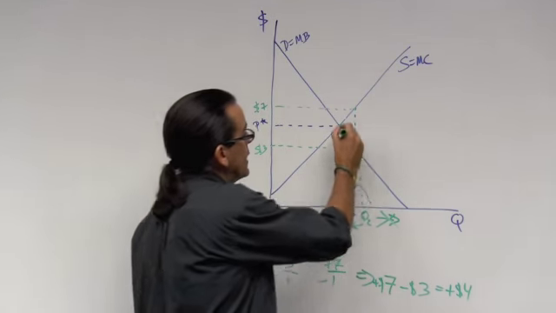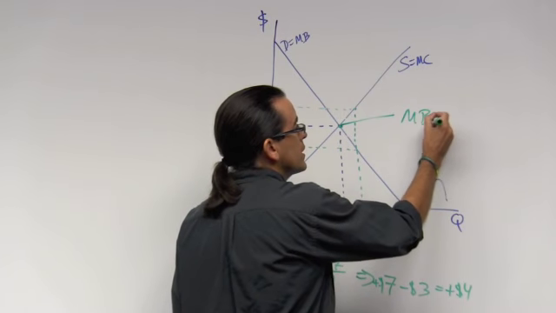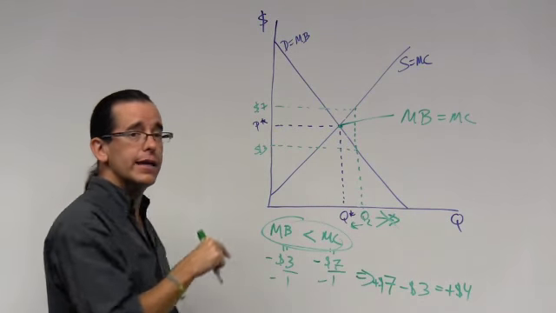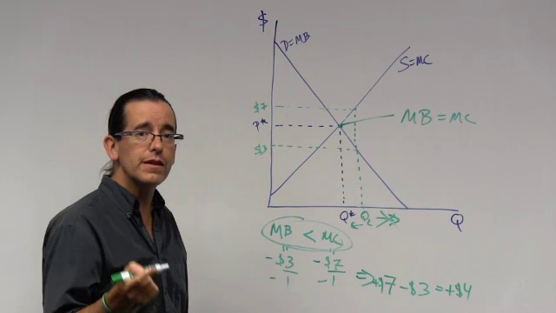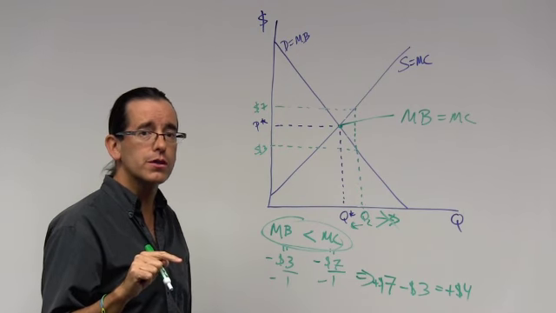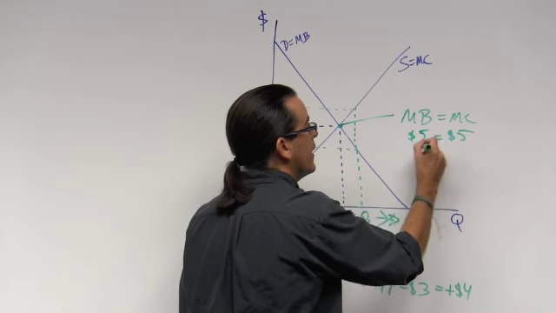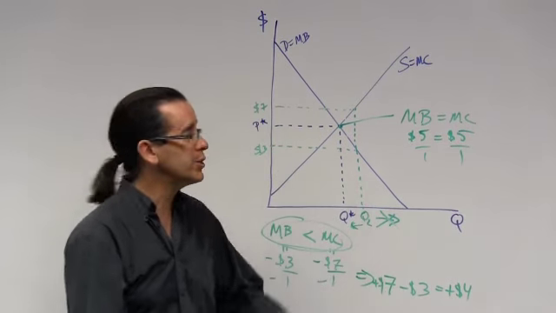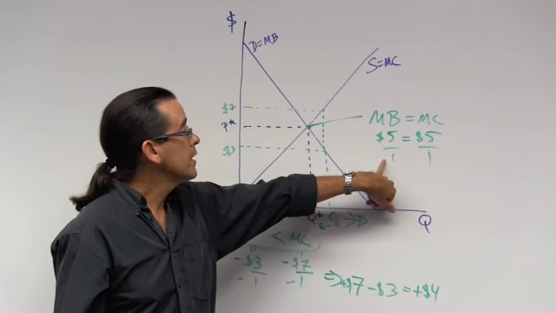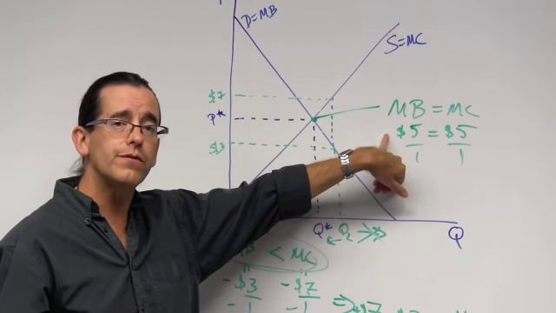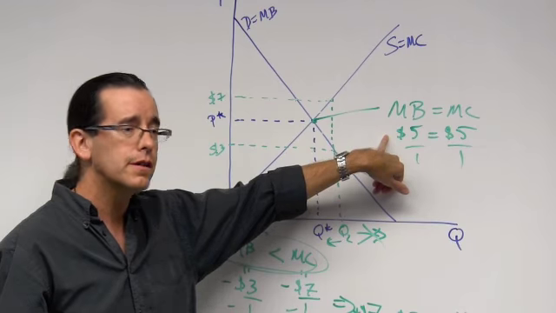In fact, we'll just go ahead and look at that situation. At the equilibrium, where supply equals demand, marginal benefit equals marginal cost. Okay? So if it happens to be 5 and 5, again, we'll do the interpretation. If we consume one more unit of the good, we're going to generate an additional $5 worth of benefits.